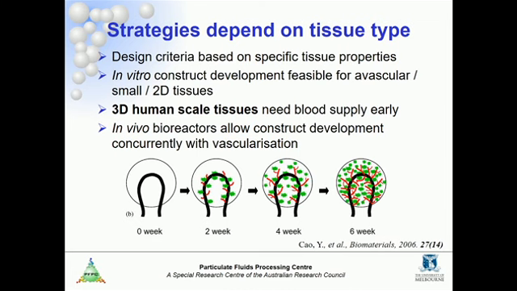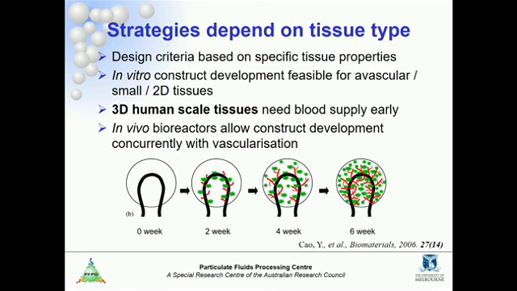Then mass transfer of molecules can carry oxygen and nutrients to the cells. But at human scale, in 3-dimension, we need a blood supply, and we need that early so that our cells don't die waiting for it. So typically cells will suffer from hypoxia within hours or maybe a day or so. They can't wait a week for new blood vessels to form.